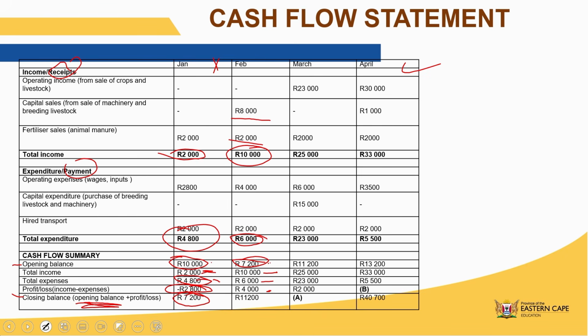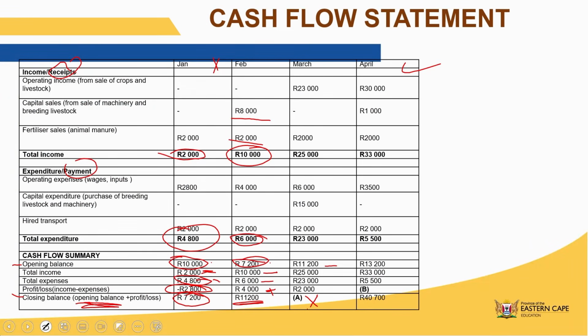Remember the formula: if there's a loss, we subtract; if there's a profit, we add. Now we're adding because we have a profit. So it's 7,200 rand plus 4,000, which gives us 11,200. That is the closing balance for February. But the question here is that we are going to determine part A, the closing balance for March. But let's continue to March.